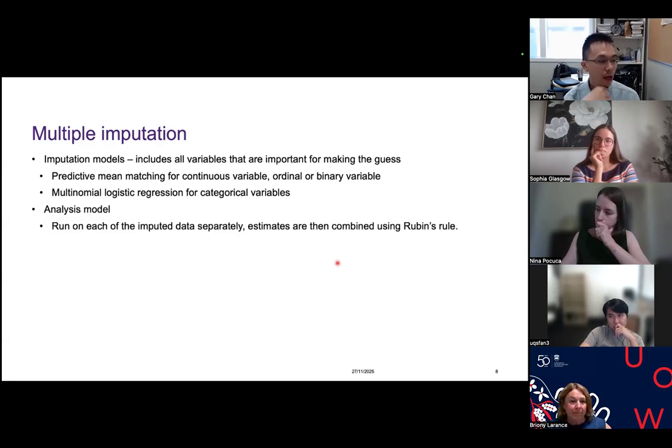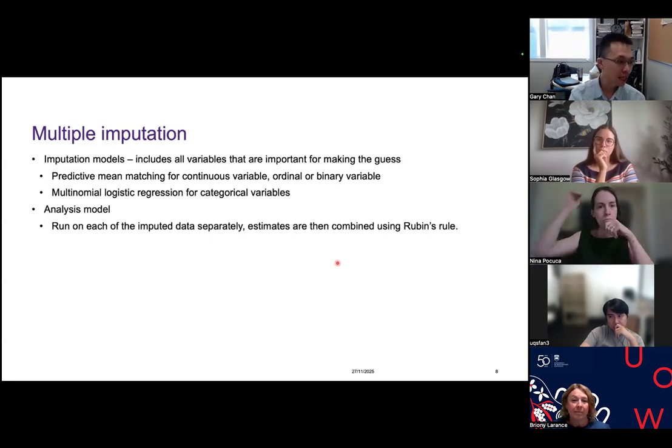For example, if you have multiple follow-ups, say baseline, time one, and time two, and a participant has missing data at time one but has data from time two, you can use the time two variables to make predictions of time one.